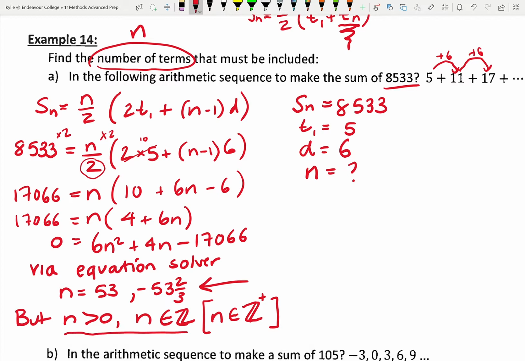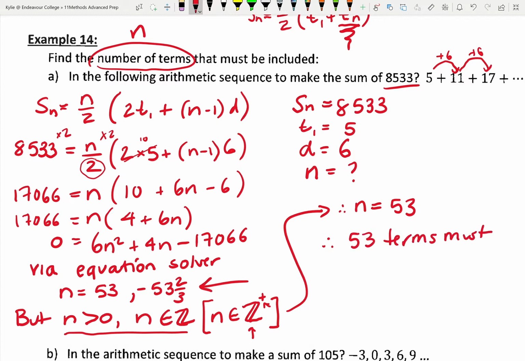Has to be greater than 0 and an integer, and we write that as the integer symbol with the plus on it. All right, so concluding over here, therefore n must equal 53. It can't equal a negative number, and it can't equal a mixed number. And our conclusion is 53 terms must be included.